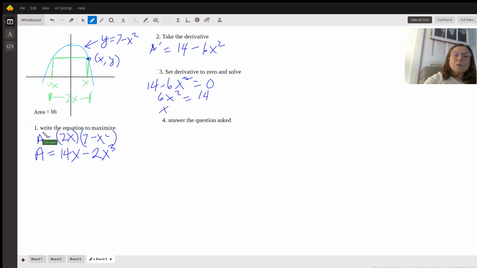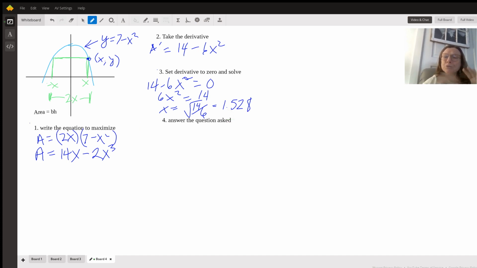So x would be the square root of 14 over 6. This would be a calculator problem, obviously not one that you would do by hand or mental math. I did a calculator estimate of it, and it's 1.528. That's our x value.